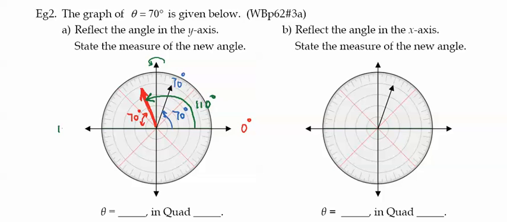Instead, we want to use the x-axis and the terminal arm to figure out our angle. So in this case, the one that goes from 0 to the red terminal arm would involve angles that is 70 degrees less than 180.